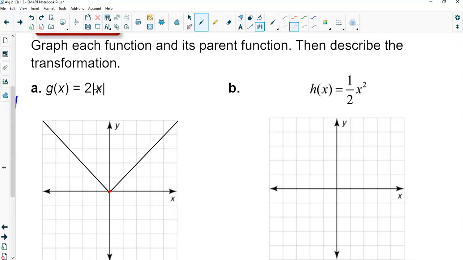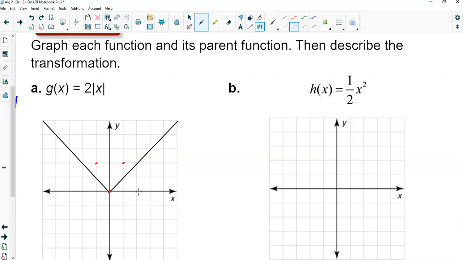Then if x is 1, the absolute value of 1 is 1, times 2 is 2. So at 1, it will be here. That means at -1, it will also be here.